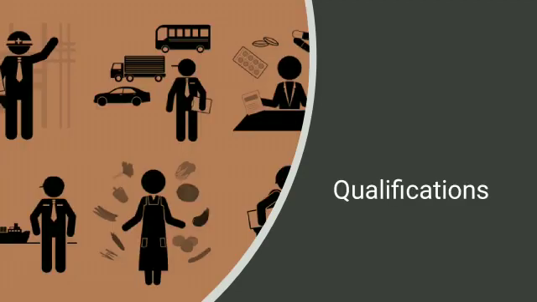The number 2 point is qualification. Every job requires some qualification. Jobs may be classified into two types. It may be a skilled job. What do you mean by skilled job? Skilled job means the jobs in which we have to gain training, then we have knowledge related to that job.